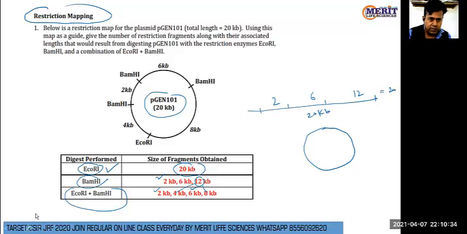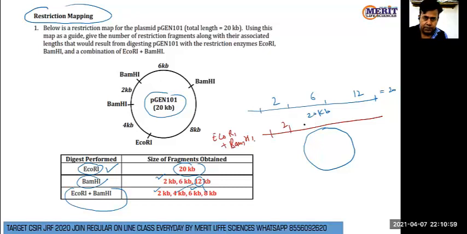Getting my points? Okay, so if you are using the combination of both EcoR1 plus BamH1, then you are getting a new combination, that is 2 is there but 4 is also there, right?